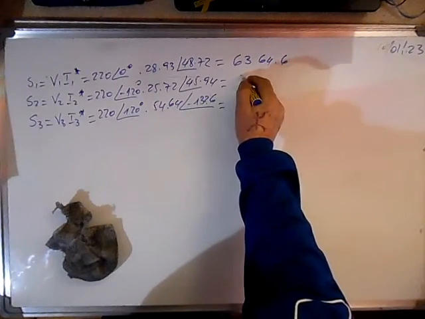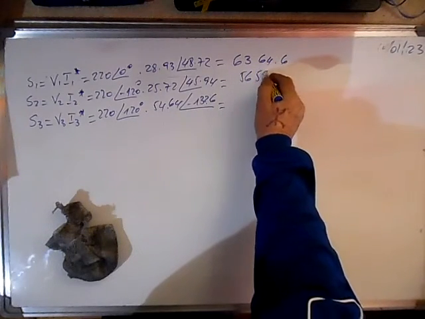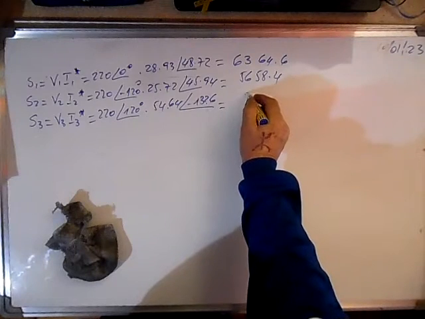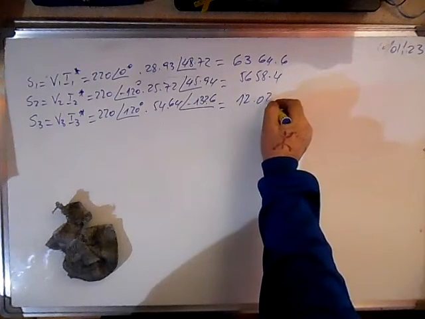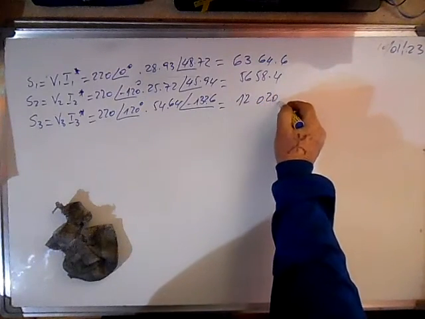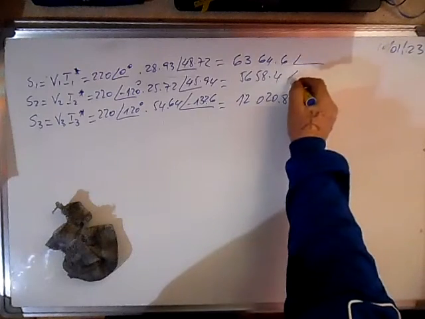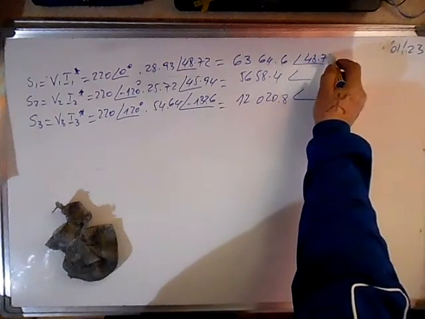And the result is given here. The result is 6,364.6, here it's 58.4, and here is 12,000.8, and the argument is 48.72.